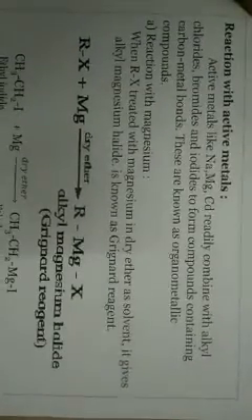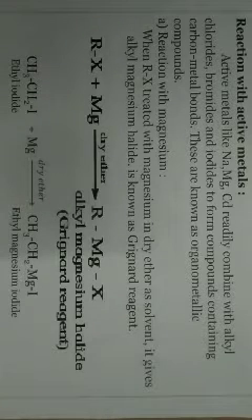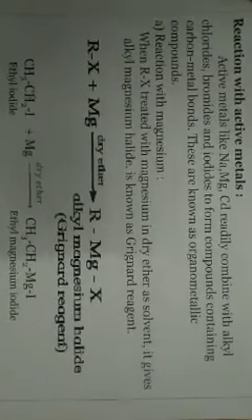So we can prepare Grignard's reagent by reacting an alkyl halide with magnesium metal. The condition of dry ether is a must, because only in the presence of dry ether do alkyl halides react to give the Grignard's reagent.